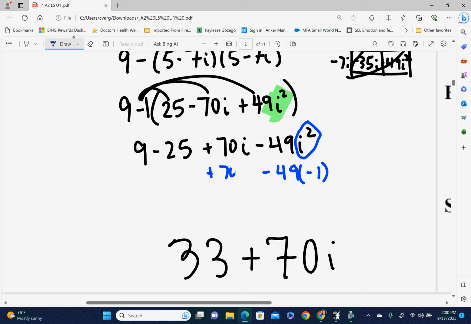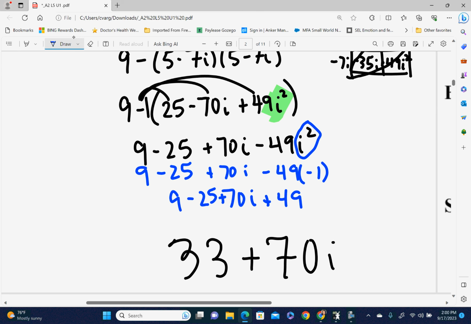Plus 70i minus 25, 9. All right. So I already know what my final answer is going to be, but I want to show you why. Negative 49 times negative 1 is going to be plus 49. The 70i comes down. The 9 minus 25 comes down. And there's a plus sign here.